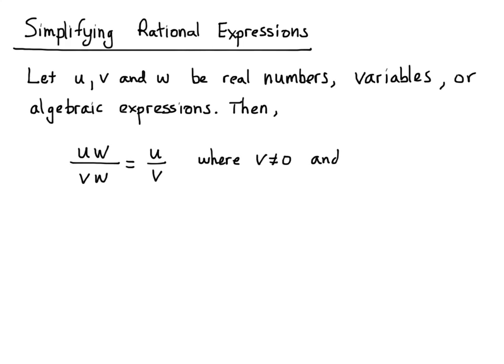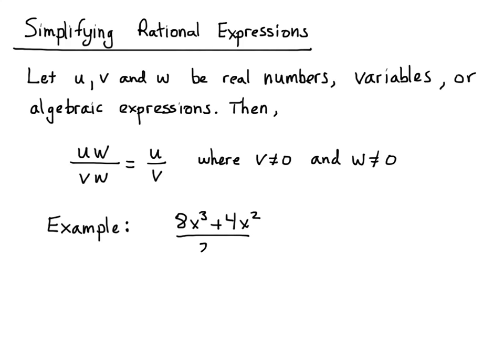So if we have uw over vw, that equals u over v, except when v equals 0 and w equals 0. So in other words, v and w cannot equal 0 in order for this to be true, because then we're dividing by 0. And this is, remember, the way we reduce fractions, right? You factor out and then cancel common factors.